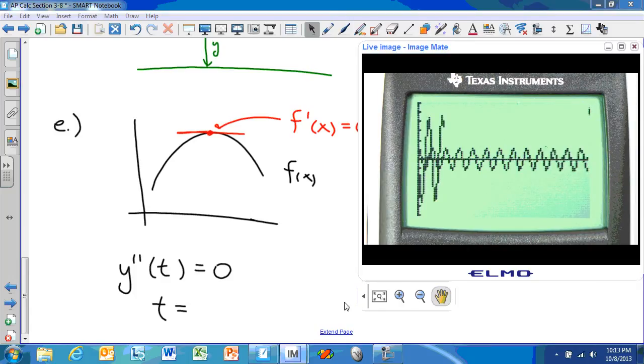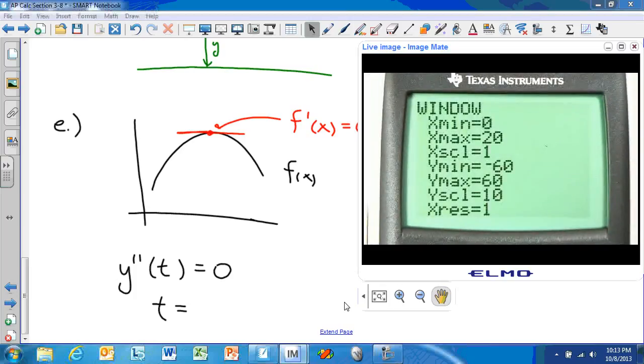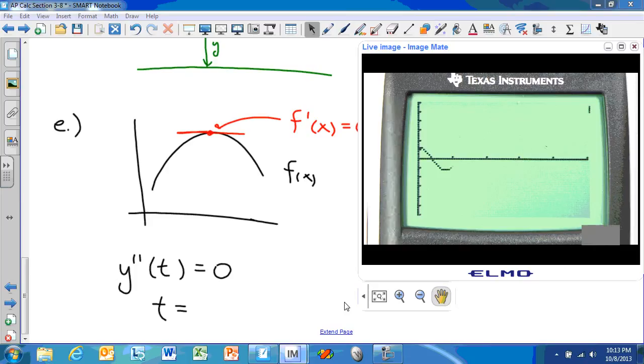I guess that's actually showing a lot more periods there than I really need here. I'm going to change that. I don't need to see that many. I don't need to go all the way up to 20. Let's go from 0 to, looks like 0 to 5 would be a decent window of this thing. There we go. That's looking a lot better here.